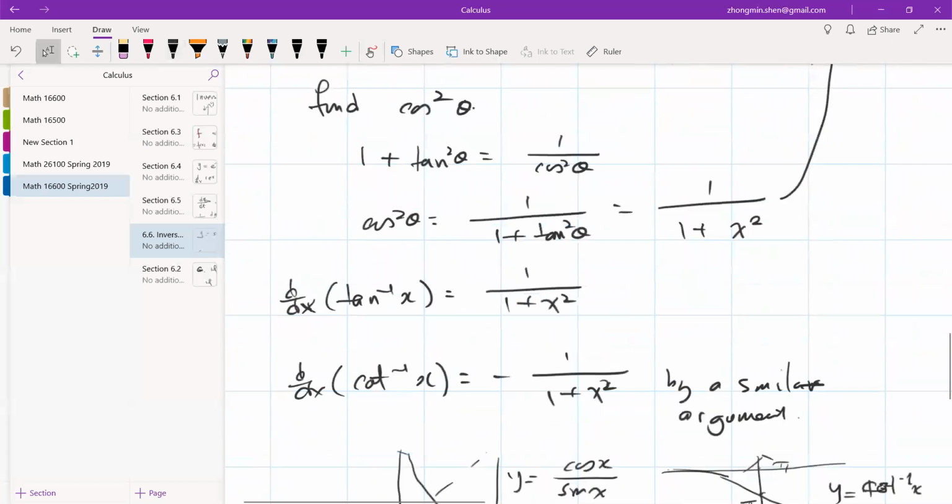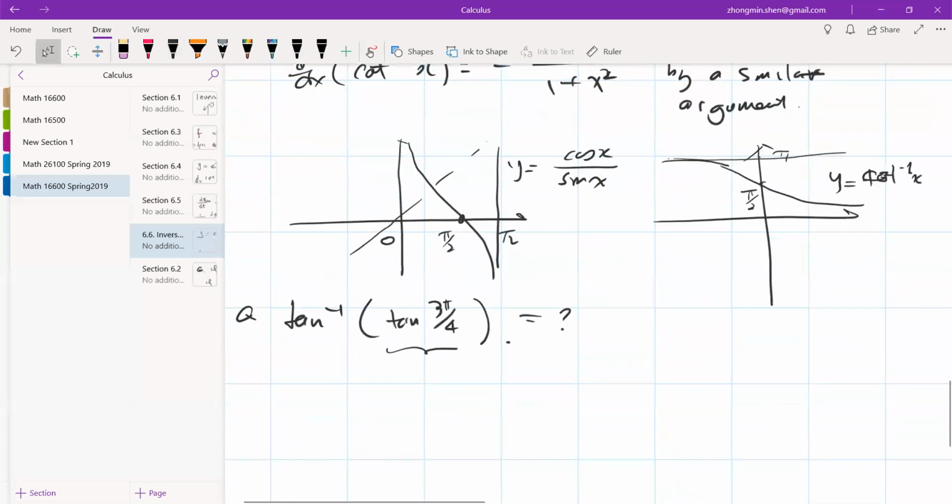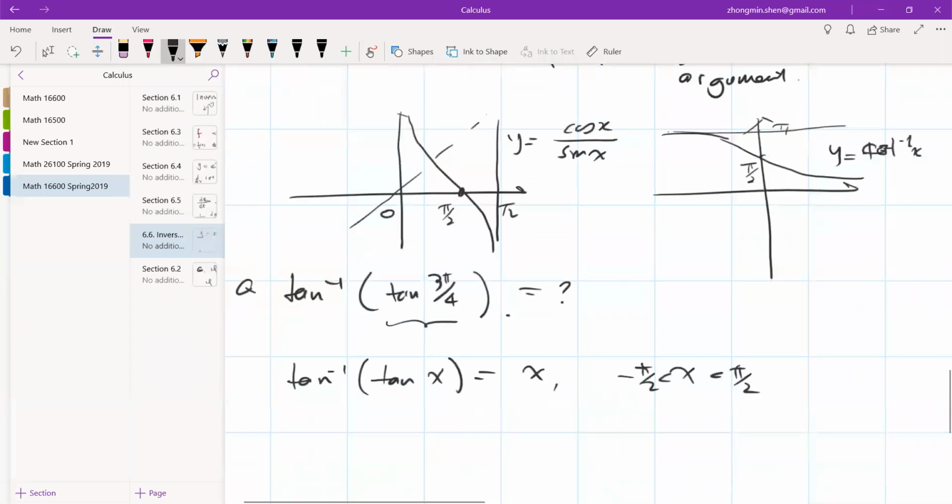So in general, before we do that, we have to understand when this holds. Okay, when this holds, this holds only for x between negative pi over 2 and positive pi over 2, in general.